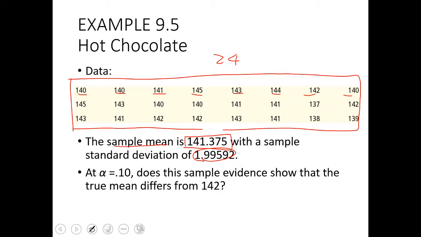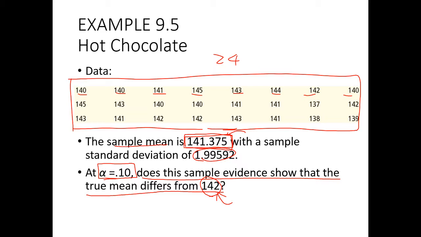Then, at significance level 10%, does this sample evidence show that the true mean differs from 142, the perfect temperature for hot chocolate? If we have this sample mean, can we believe that this bagel shop provides the perfect temperature hot chocolate to customers? That is the question.